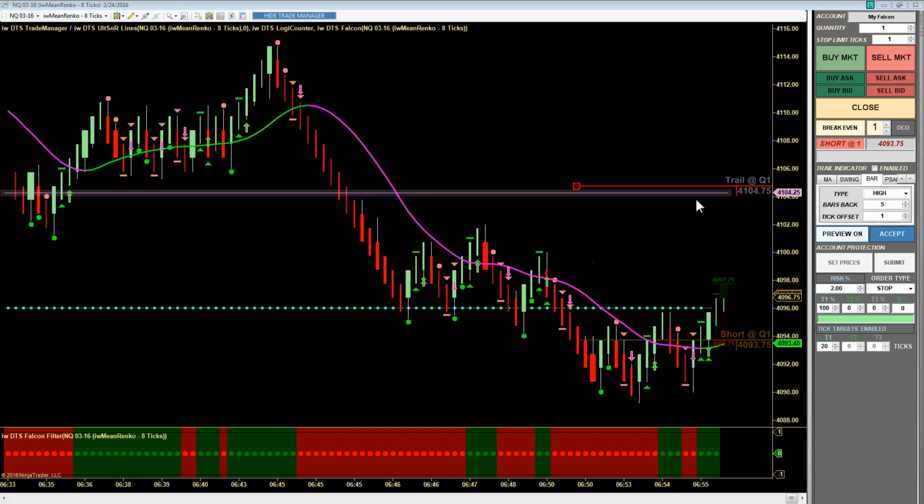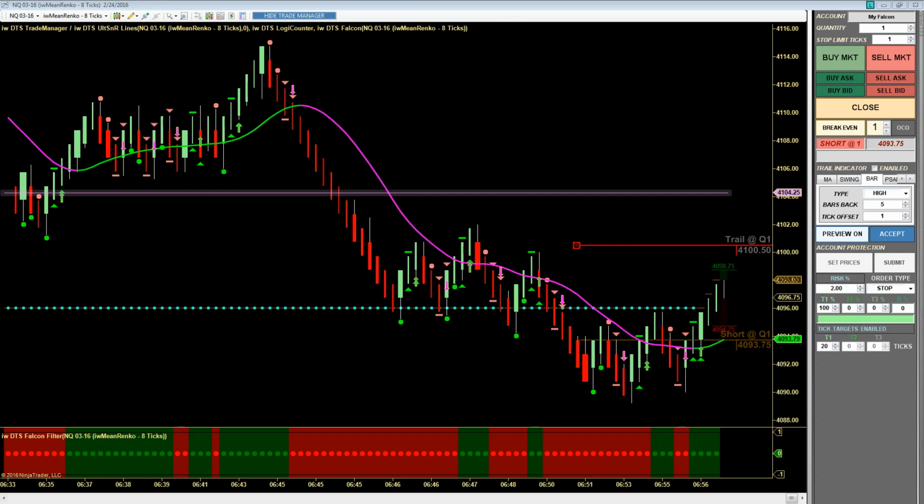Yeah, okay, I'm just going to allow it here to this 4100 area. If it fails there, we're probably going to see it head higher. Because things are slowing down here a little bit.